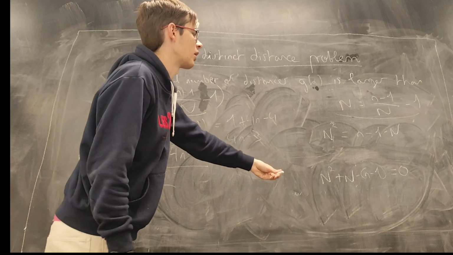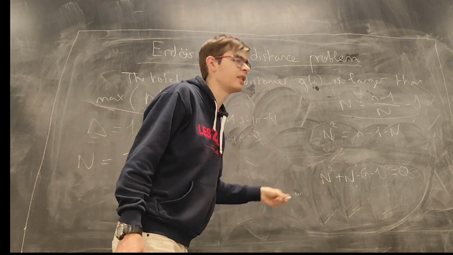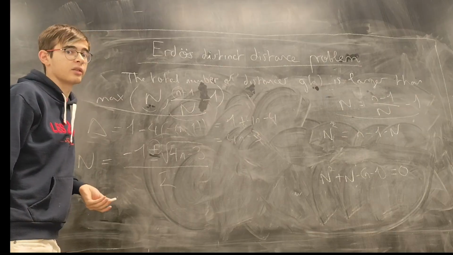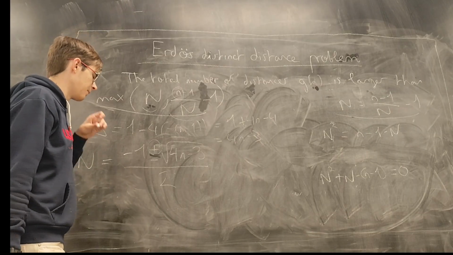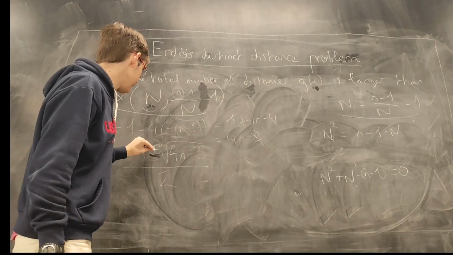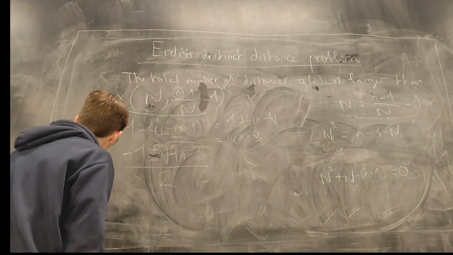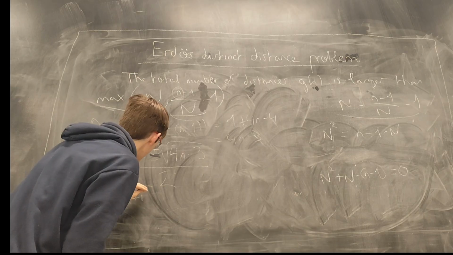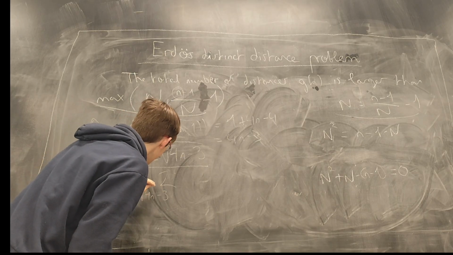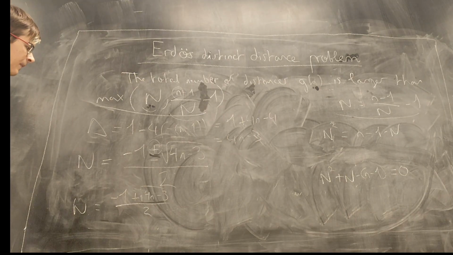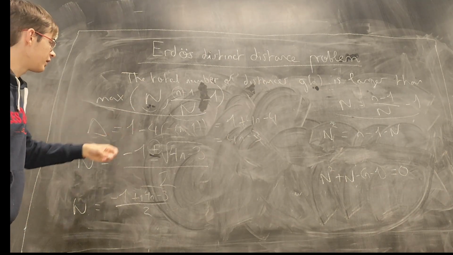But the number big N, let's not forget, is a number of distances. So it must be positive. It can't be negative. So we take the plus, and we have N equals minus 1 plus the square root of 4n minus 3, over 2. And so this is the bound that we obtain.